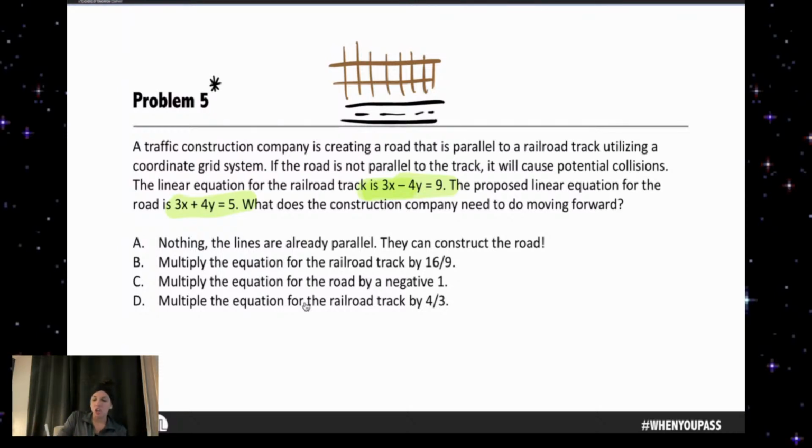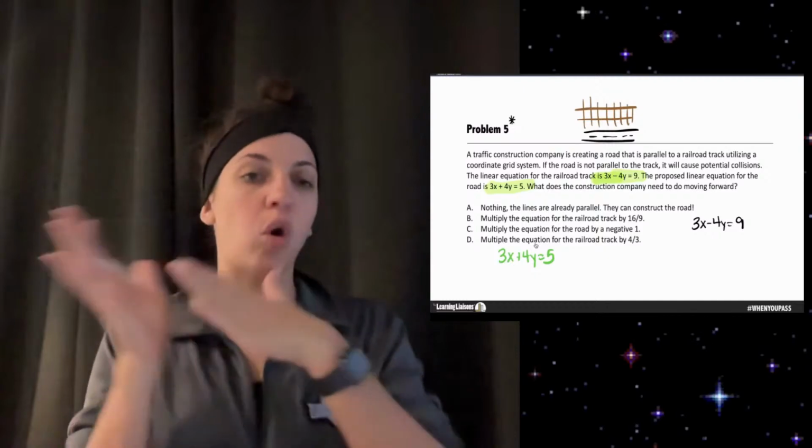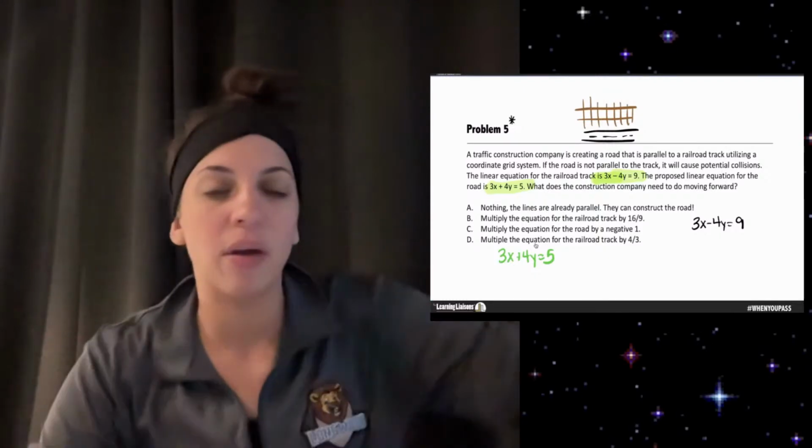So I need to put them into slope-intercept form because right now they are in standard form, and standard form is not helpful when we're trying to figure out if lines are parallel or not parallel, or perpendicular or not perpendicular. How do I figure that out?